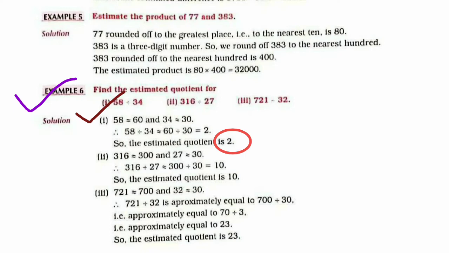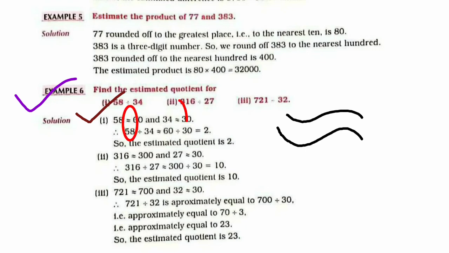So the estimated quotient is 2. Here you can observe one different type of symbol is given. This is the symbol of approximation. So here 58 rounded off to the nearest 10 is 60.